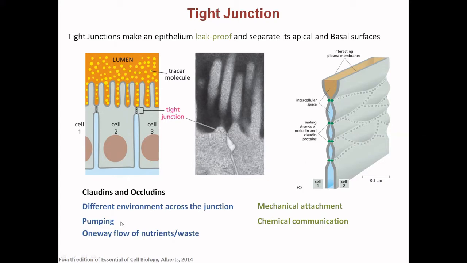Because of this tight junction, the pumping function is possible in the epithelium, like the proton pump present in the stomach that secretes H+ into the stomach lumen. There is a one-way flow of the nutrients and the waste. It provides the mechanical attachment as well as the chemical communications.